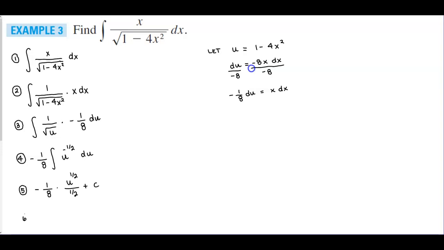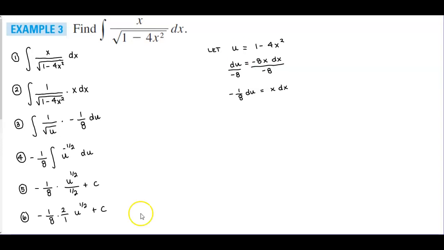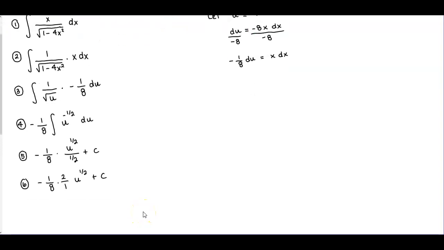And so if we want to simplify that a little further, we get negative 1/8 times 2 over 1 u to the 1/2 plus c. Okay, now let's go ahead and simplify that a little further. So we know we can simplify the negative 1/8 times 2 over 1 becomes negative 1/4. And that's u to the 1/2 plus c.